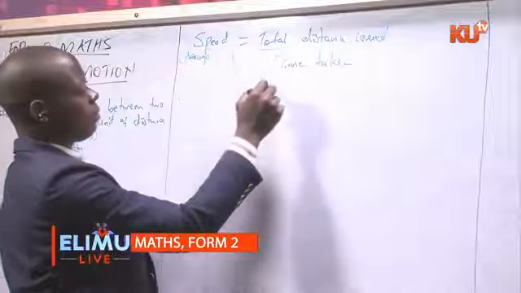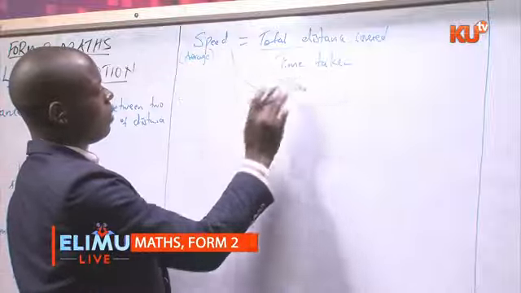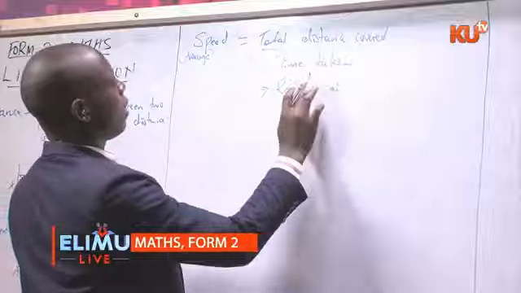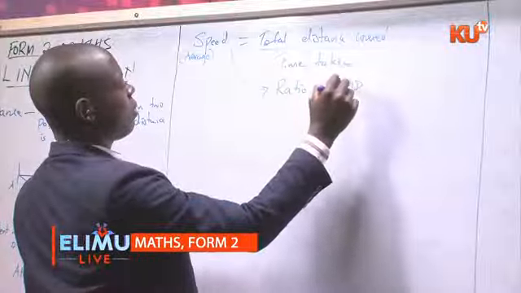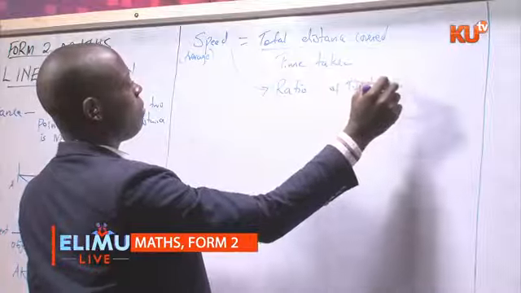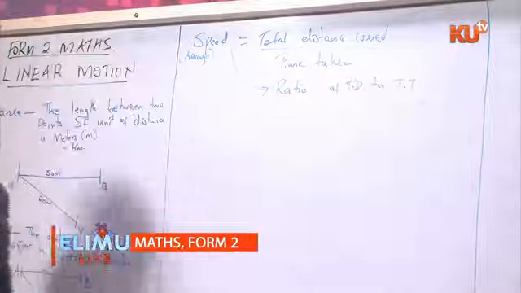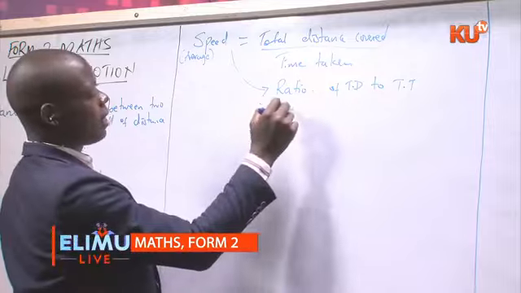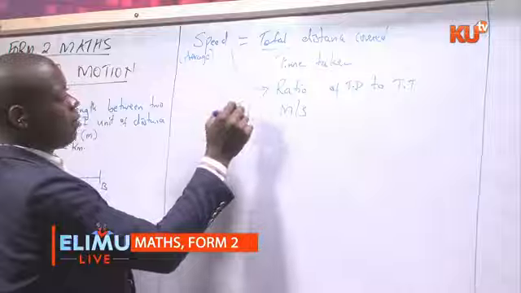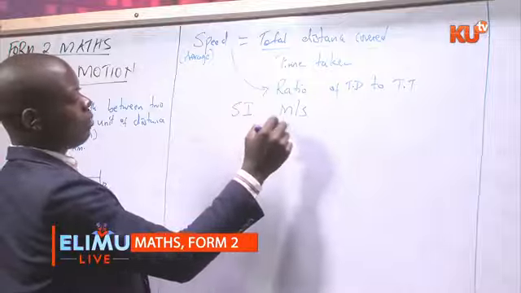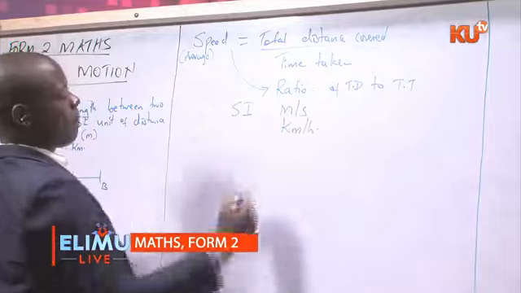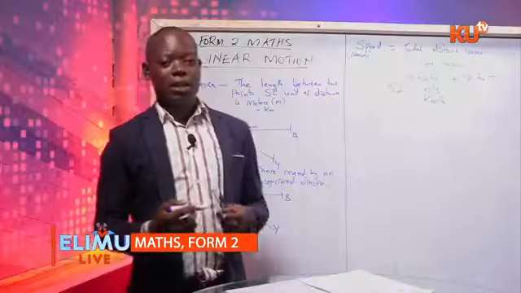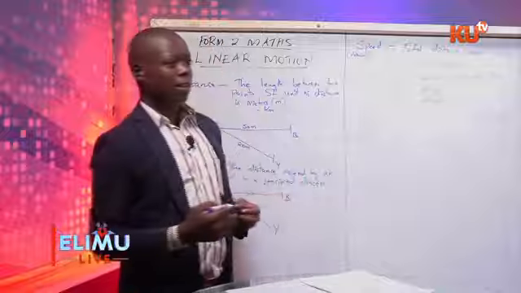Speed is therefore a ratio of the total distance to time taken. We give the units for speed in meters per second, that is the SI unit, and in some cases we are going to use kilometers per hour, just because we've talked of distance being in kilometers, we will use kilometers per hour to represent speed.